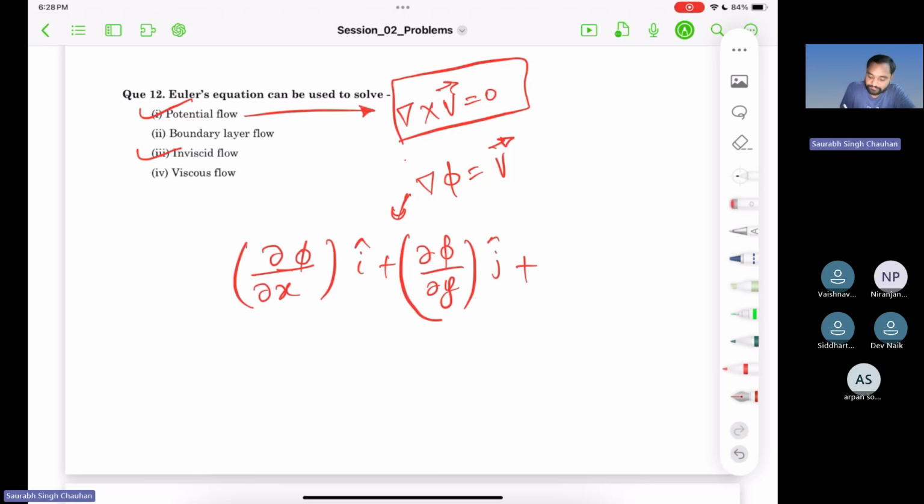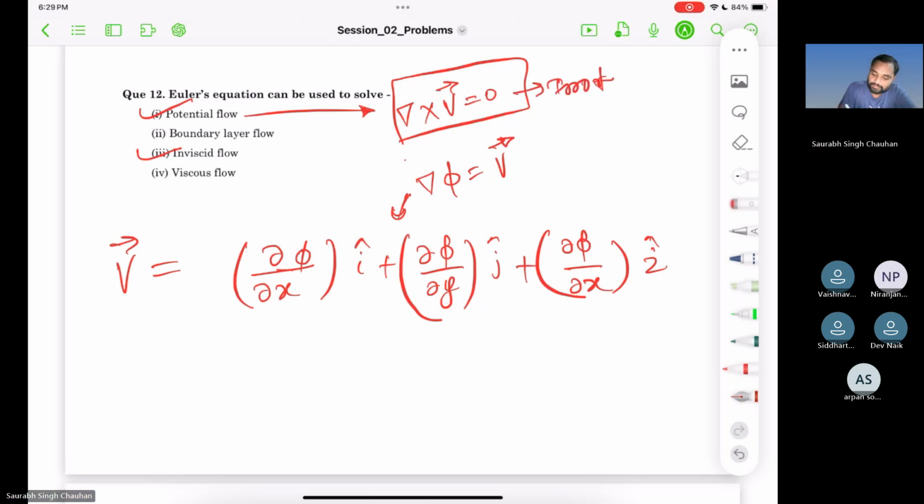The derivative with respect to z will be your z component, and this will be your velocity vector. So this phi you can define every time when the curl is 0. Okay, so this is irrotational. And if the divergence is 0, then it means flow is incompressible.